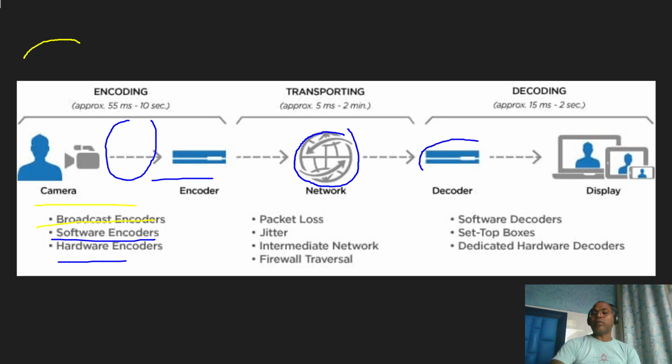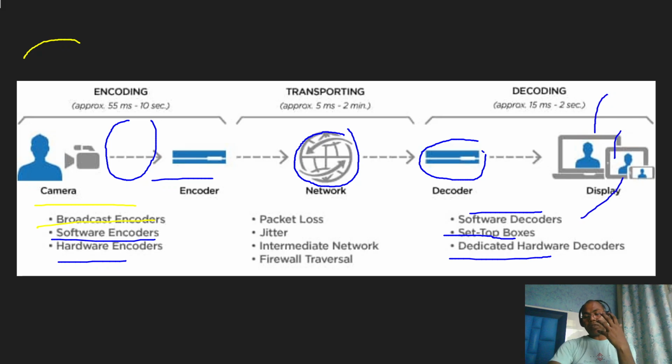Again, on the client side we have applied some decoder, software decoder or hardware decoder, depending on the platform: mobile, tablet, laptop, whichever device you are watching the video, streaming, or conferencing on. Accordingly, the software tools we use to decode also take time.